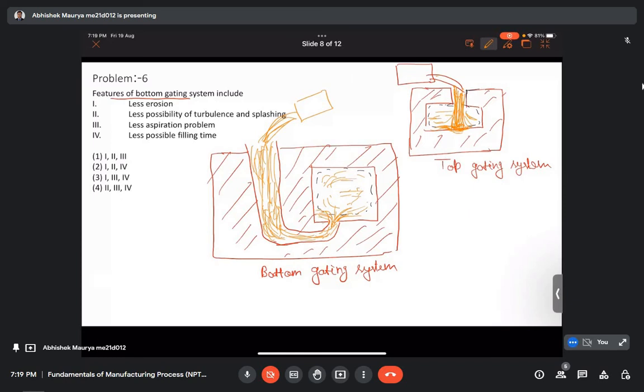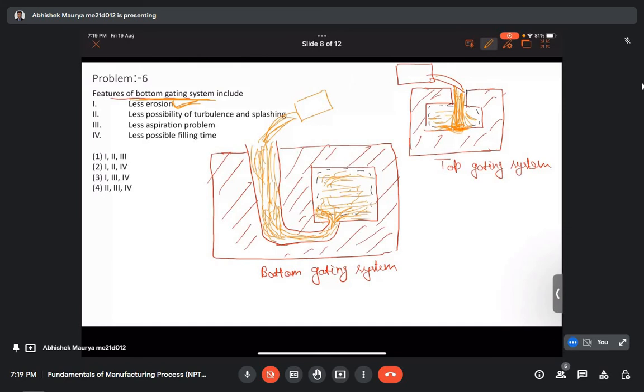Here it is not falling directly on any of the mold wall, it is coming slowly and then tries to fill the whole mold. So there is very negligible chance of erosion of the mold wall. So the first option, it says bottom gating system includes less erosion. Yes, it is correct, and we have already seen why it is true.